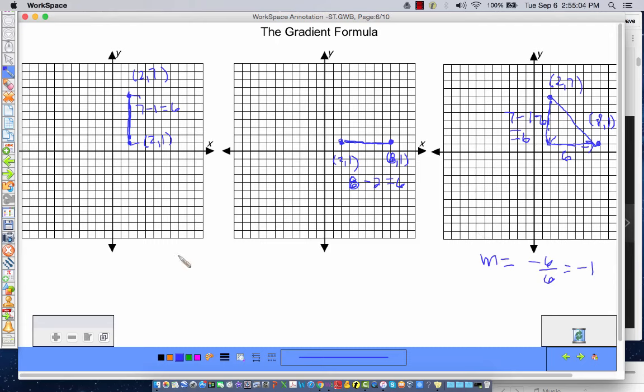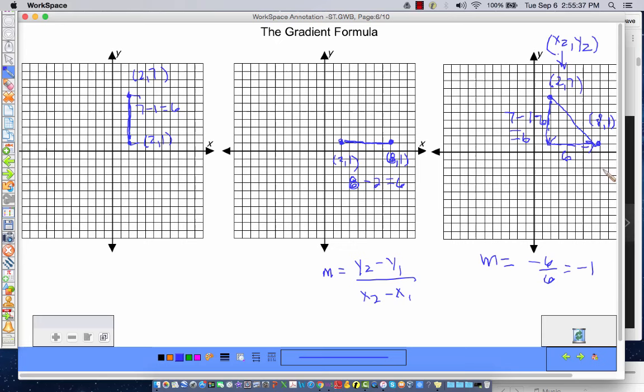So that's what we really did, is we just found the difference of the y-coordinates, the 7 minus the 1, and we compared it to the difference of the x-coordinates, 8 minus 2. So a formula for gradient is y2 minus y1, the difference of the y's, over x2 minus x1. So let's just say that this right here was x2 and y2. I just want to show you how this works.